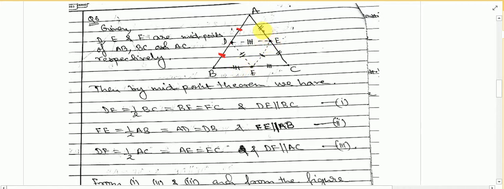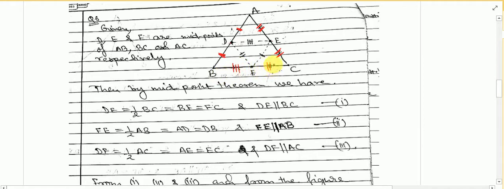E is the midpoint of AC, so here we have AE equal to EC, and F is the midpoint of BC, so we'll have BF equal to FC.